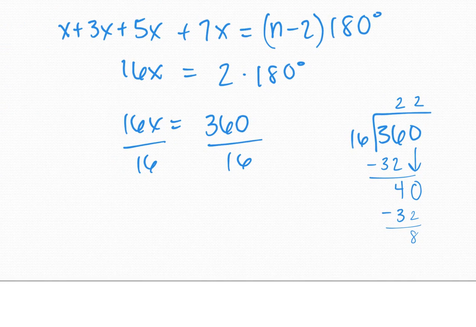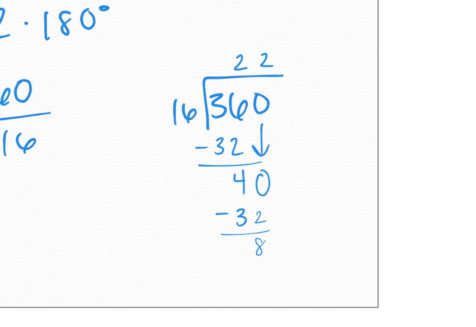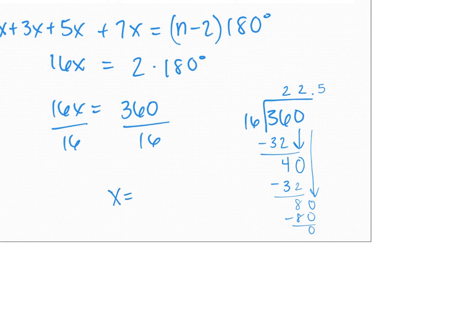No, it's 22.5. 4 plus, and then bring down the 0. 16 goes into 80. 5 times? Minus 80 brings us 0. So x equals 22.5.